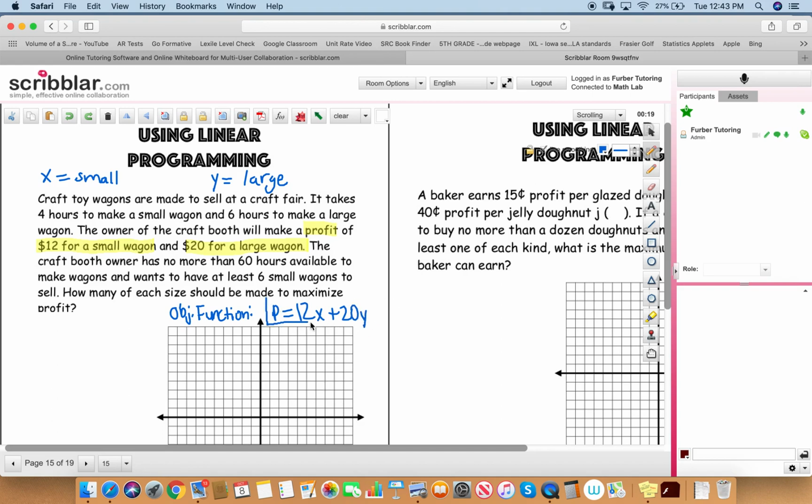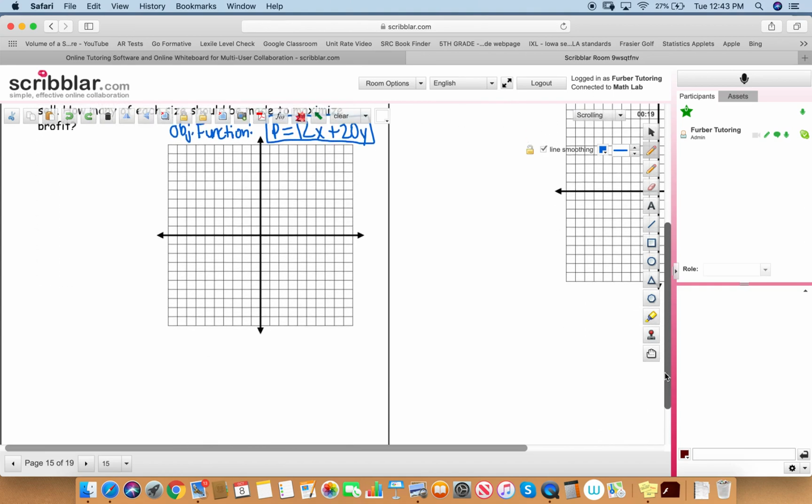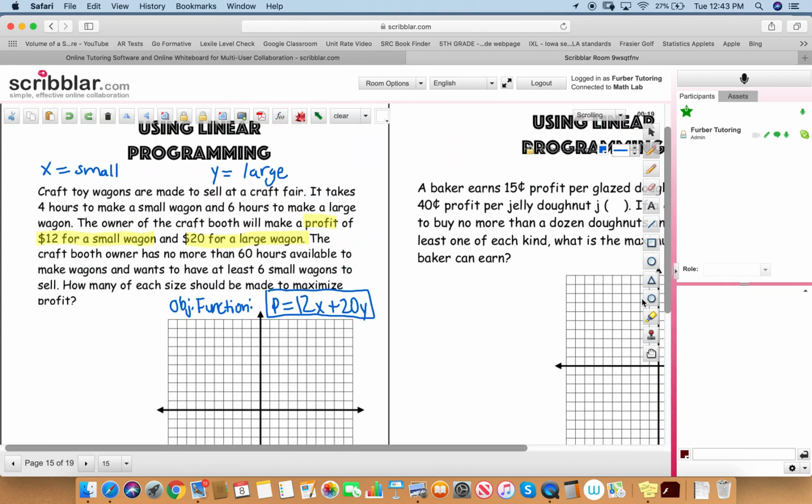We will come back to this function at the end when we are ready to plot in the points. The most important step after that is your constraints. Remember, the constraints are your limitations. What is limiting the owner from making his profit? The other numbers are usually part of the constraints.